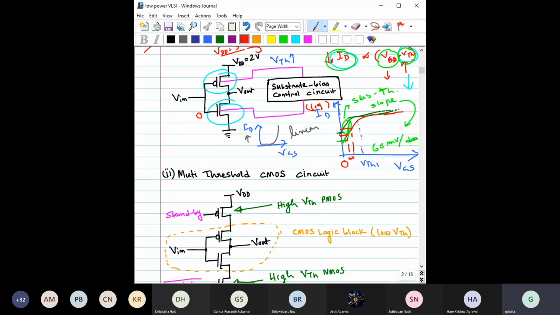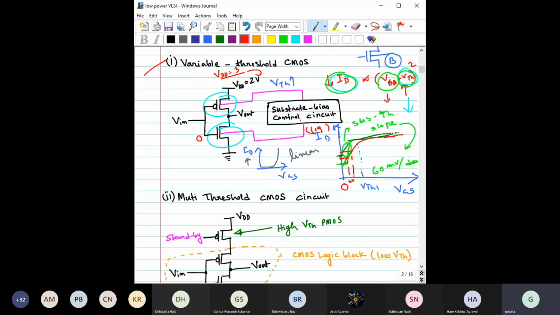It will be a bit higher, say 70 millivolt per decade. And it is not very easy to reduce the subthreshold leakage for the silicon MOSFET that drastically. So the possibility of adjusting the subthreshold leakage by changing the slope is not that feasible. So we have an option, which is substrate bias controlled threshold voltage.